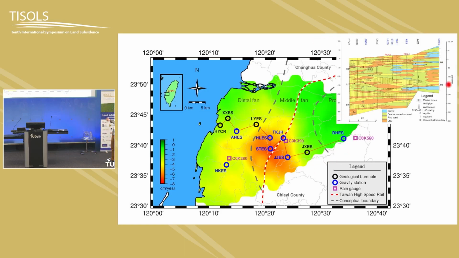So we will look at this profile here, from the DHES here to the west to the HYCR. And you can see that in this year, the land subsidence approached 7 to 8 centimeters in a year.